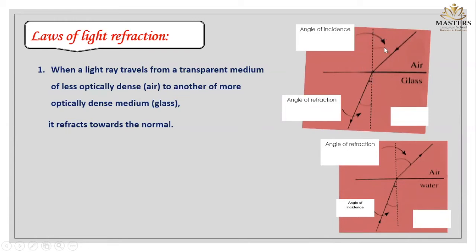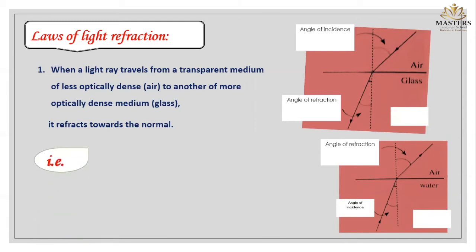If you see here, the air has less density than the glass, so the angle of incidence is bigger than the angle of refraction. Why? Because the air density is less than the glass density. So that's why the angle of incidence is more than the angle of refraction.